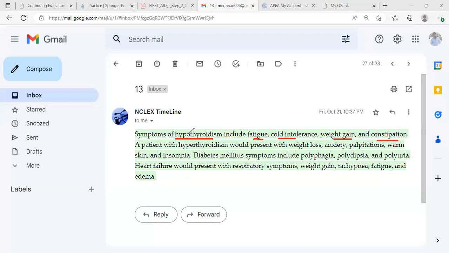Hypothyroidism, H-Y-P-O, hypo, this is an O, right? The patient has a cold, C-O-L-D-O, another O. And the patient has constipation, another O, right? So hypothyroidism: cold intolerance and constipation.